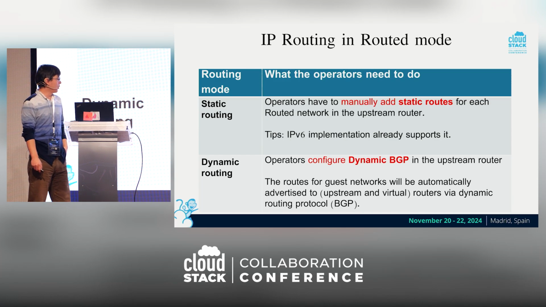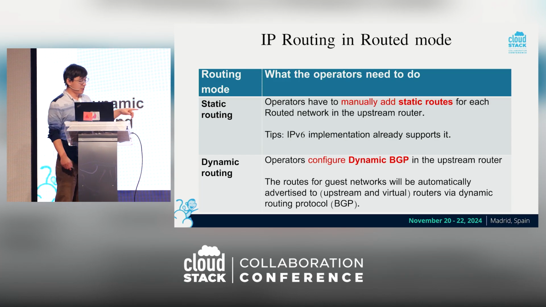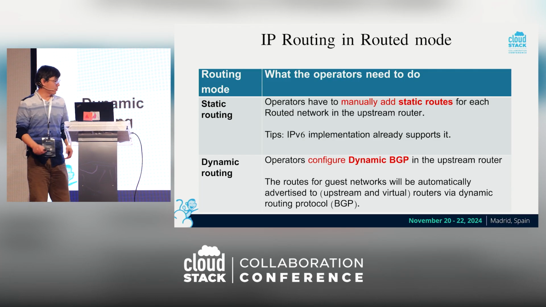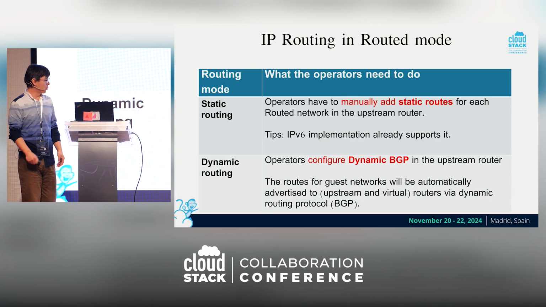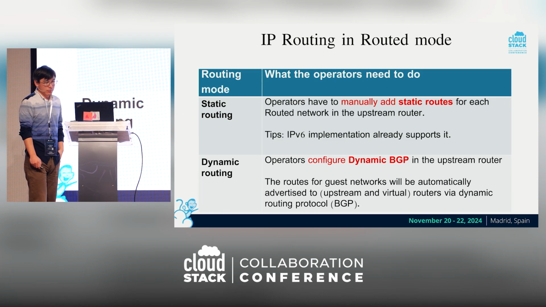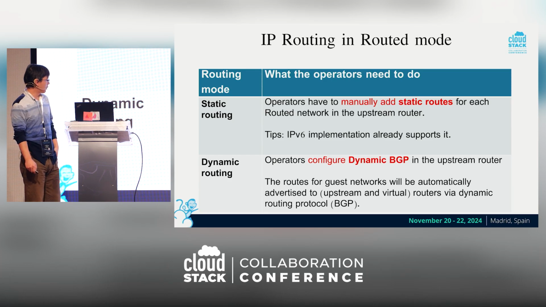Then the operator needs to configure dynamic BGP in the upstream router, and the CloudStack VR will automatically create BGP peers and advertise the routes towards the routers. Currently we use BGP as the dynamic routing protocol in our implementation.